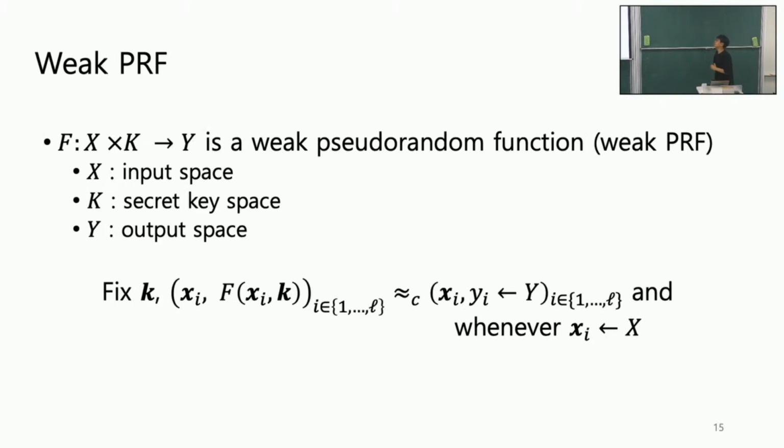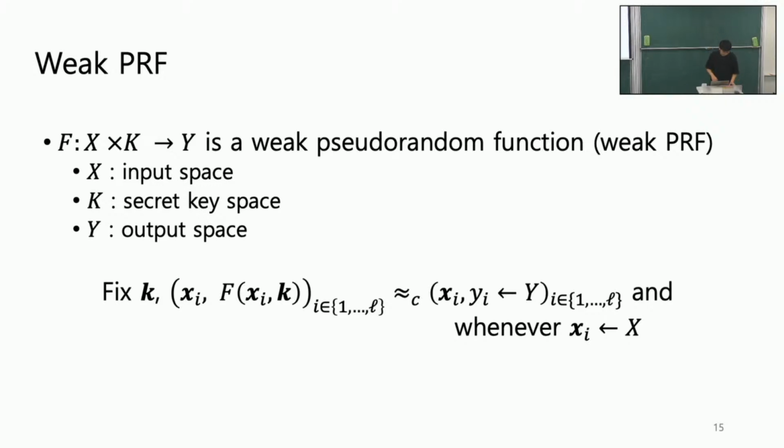Okay, let's see the definition of a mixed random function. X is an input space, K is a secret space, and Y is an output space. A function F is called a mixed random function if, for a fixed K, anyone cannot distinguish two joint distributions whenever Xi is uniformly sampled from the finite set.